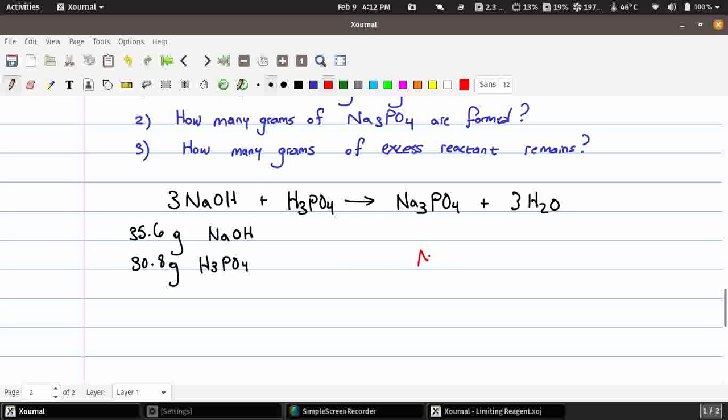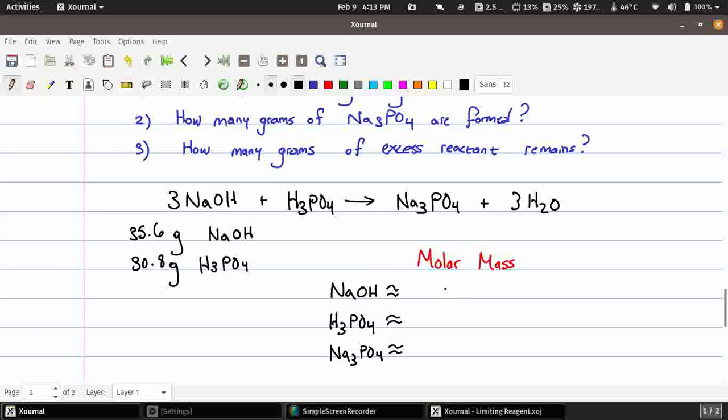I'm going to do it in red. So you have molar mass: NaOH, H3PO4, and sodium phosphate, Na3PO4. I'm going to just use rounded values. It's not too big of a deal.